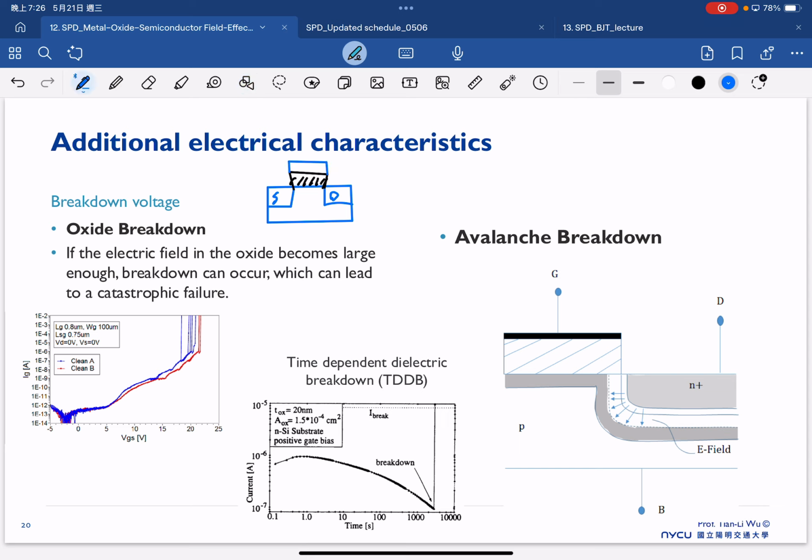Now I think everyone here can understand that once we apply the gate bias, for sure we have the electrons, but at the same time these electrons will try to inject to the gate side, and that will become our gate leakage current.